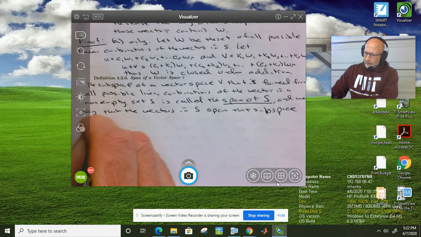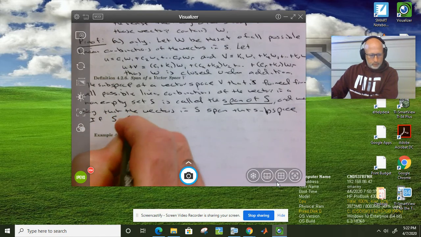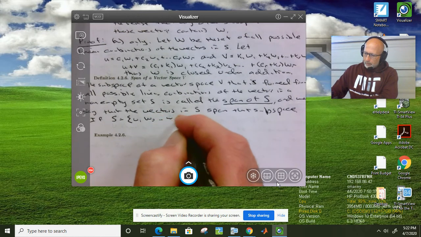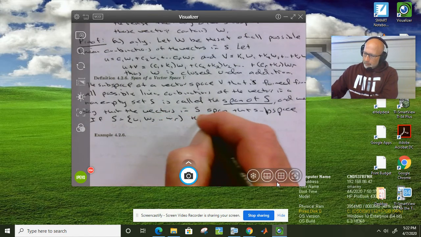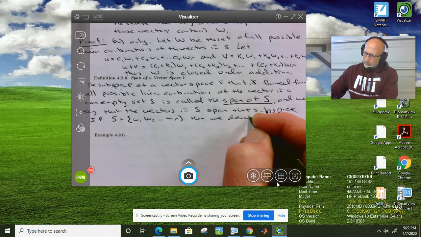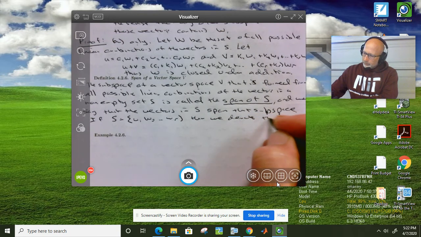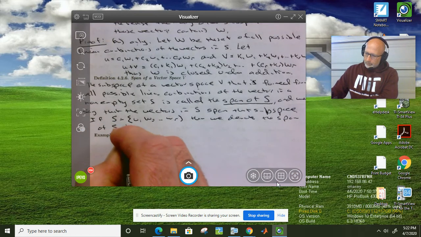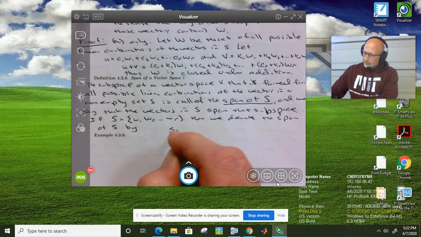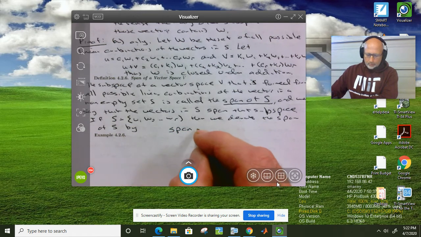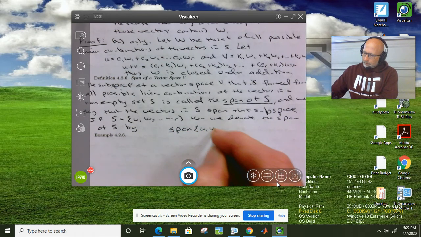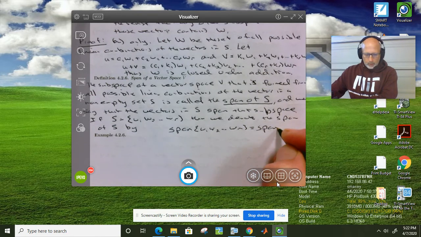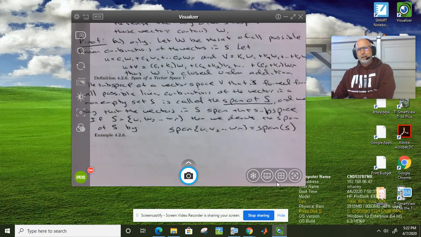So if S is the set {W1, W2, all the way up to WR}, then we denote the span of S simply by span{W1, W2, up to WR}, which is equal to the span of S. Now, why does this matter?